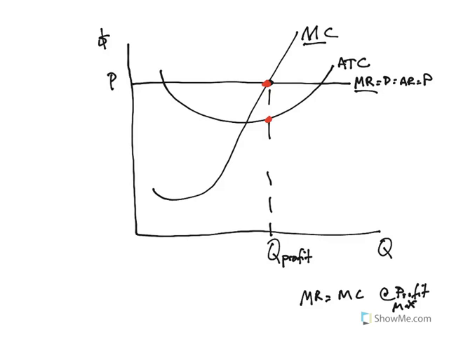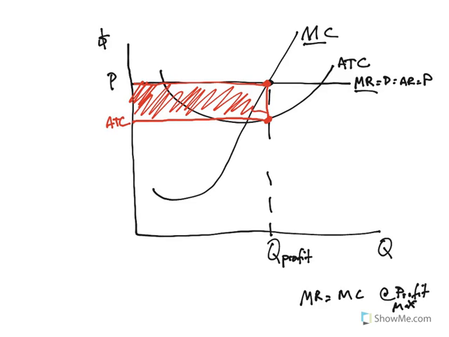You find the difference between that price and your average total cost curve, the cost per unit for that quantity. So this area here would represent your profit.